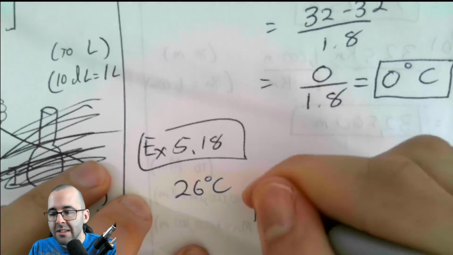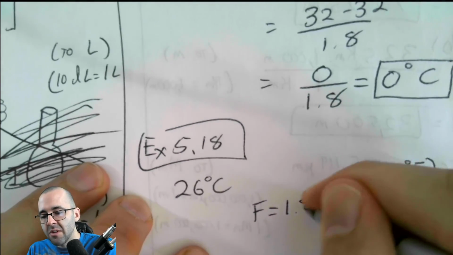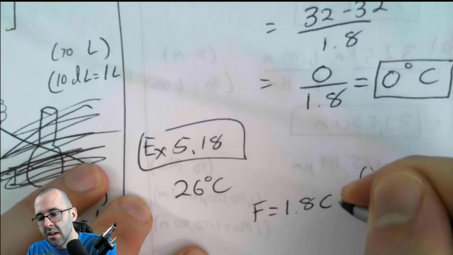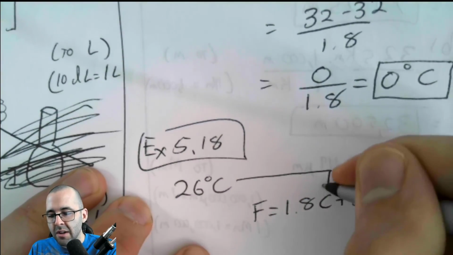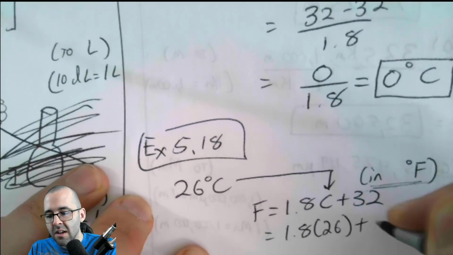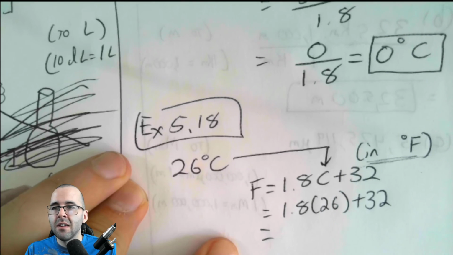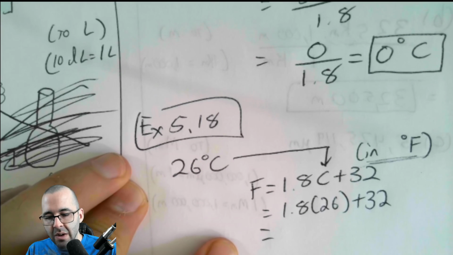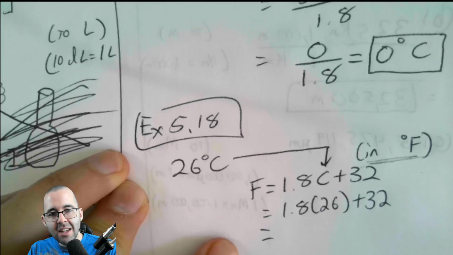The thing that we want needs to be by itself. So we use that formula from earlier, 1.8C plus 32. Just plug in what the C is. 1.8 times 26 plus 32. Use our calculator. And we're going to get 78.8 degrees.